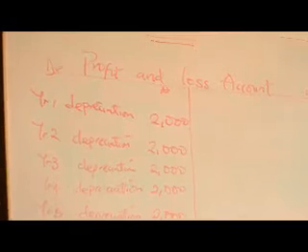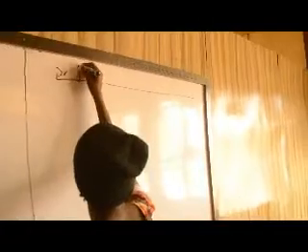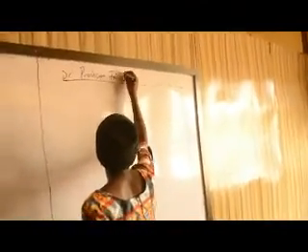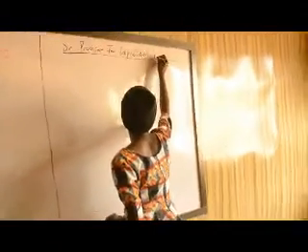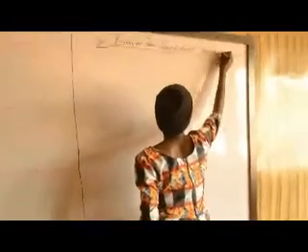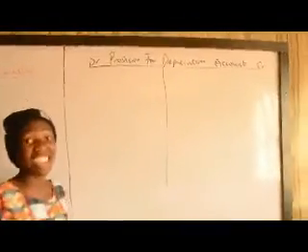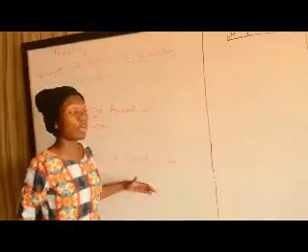So the third account we'll be preparing now is our provision for depreciation account. Now this account is set aside to receive the values that we are getting from our profit and loss, okay?